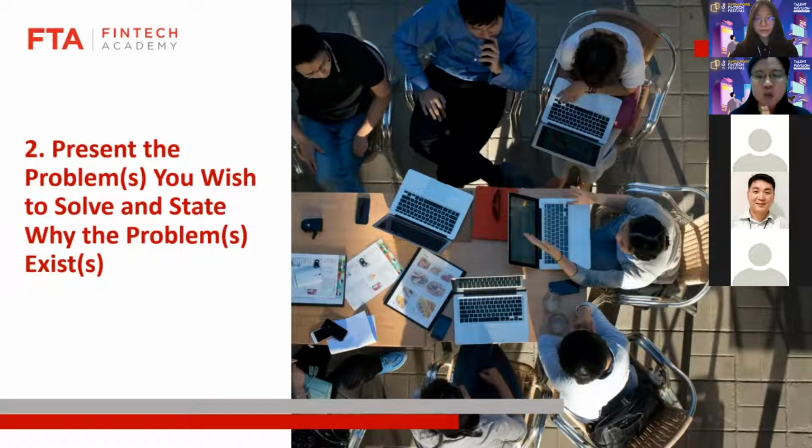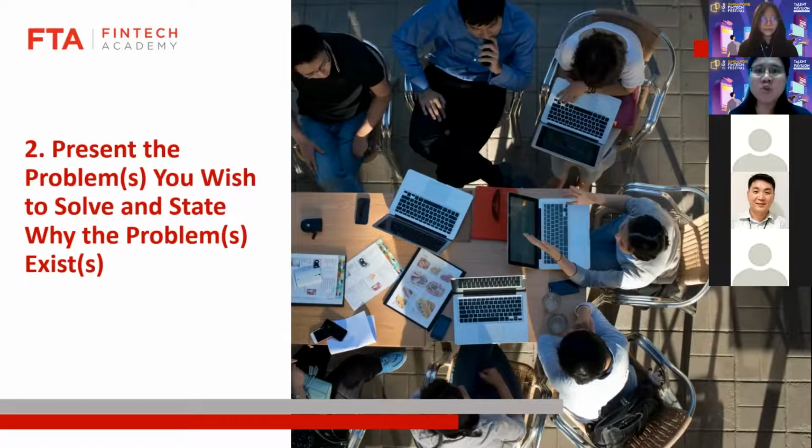If you are just solving one problem, just put out one problem. You don't have to write 3 or 4 other secondary problems that you think your product might solve, because that's not going to help. Just put down that specific problem that you need to solve. If you feel that your product is geared to solve 2 or 3 problems, you can state them as well, but don't list out 10 problems you're trying to solve.